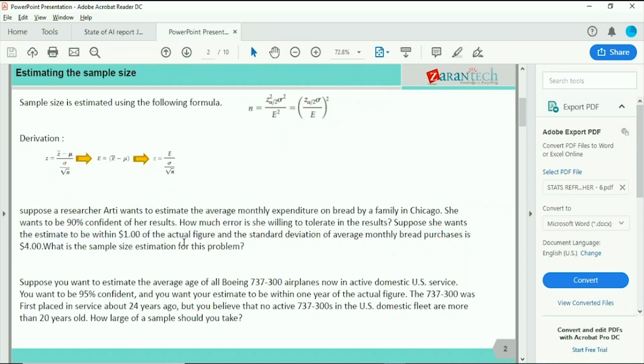Actual figure here is probably the average monthly expenditure, which is the mean, right? So you mean the estimate here describes the standard deviation? Yeah, I'm asking you that. Because further in this problem it says the standard deviation of average monthly bread purchase is $4. Then what could be 1?